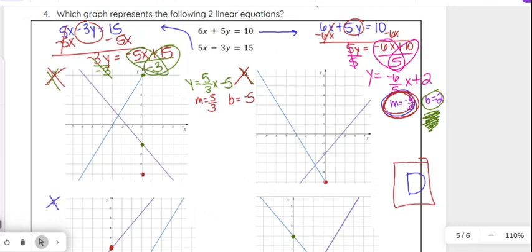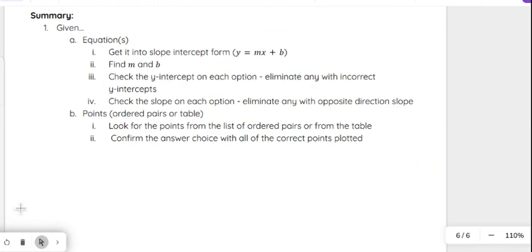Let's go ahead and summarize. In summary, we have just a couple of reminders. If we are given an equation or equations and asked to find the graph, then we want to get it into slope-intercept form, and then we're going to use m and b. Remember that m is the slope and b is the y-intercept.